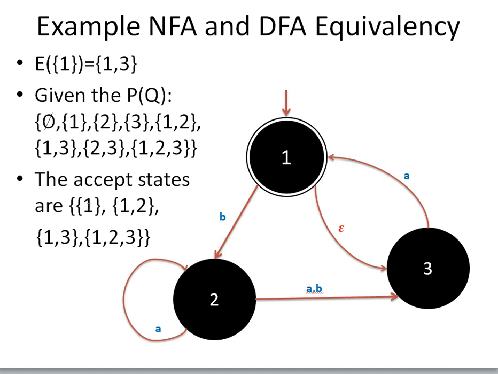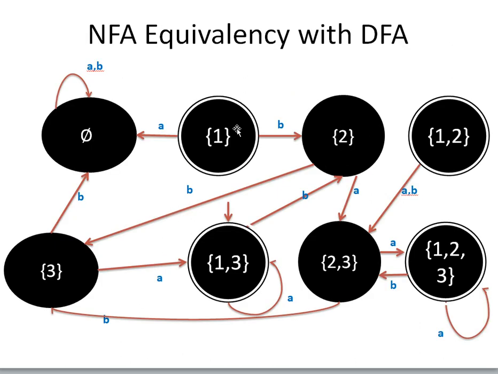So you can see, because this one has 1, this one has 1, this one has 1, this one has 1, all of these in here are considered an accept state because they have 1 in them, and 1 is an accept state, which makes them also an accept state. So this is the start state 1 and 3, and these are the accept states.